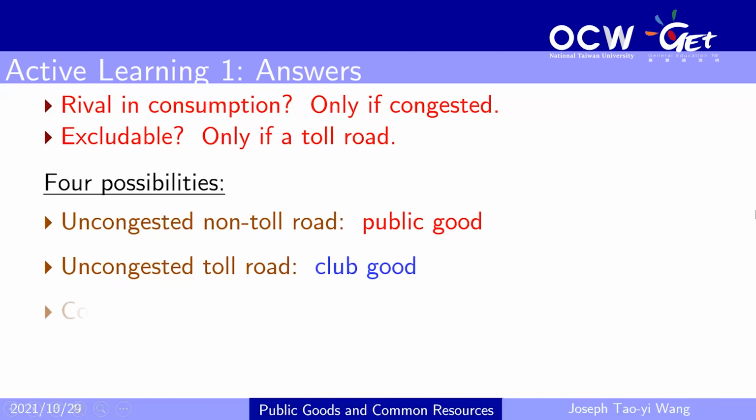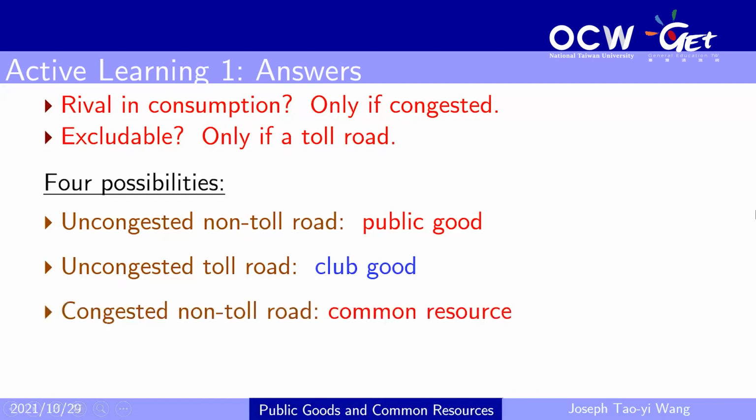If it's a congested non-toll road, like Roosevelt Road during rush hour, then it's a common resource. It's rival in consumption, but not excludable. But if you have a congested toll road, like the highway during the Moon Festival or the New Year's holiday vacation, then it's a private good because it's rival in consumption, but you have to pay, so it's also excludable.